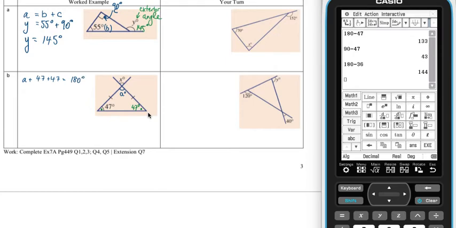Let's bring our terms together. And then we need to subtract off 94 from both sides. Therefore, A is equal to, and we can put in our calculator, 180 minus 94. Press execute and we get 86.